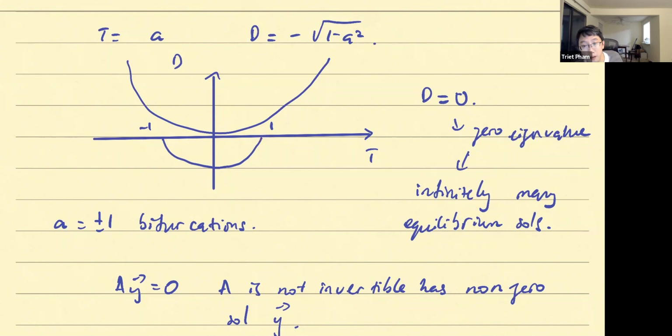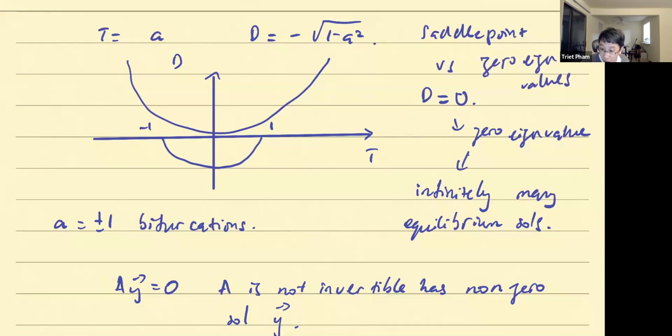In my opinion, that's a change in terms of the qualitative behavior of the system. Actually, remember the graph of a saddle point versus the graph of zero eigenvalues are very different. So you can look at that.